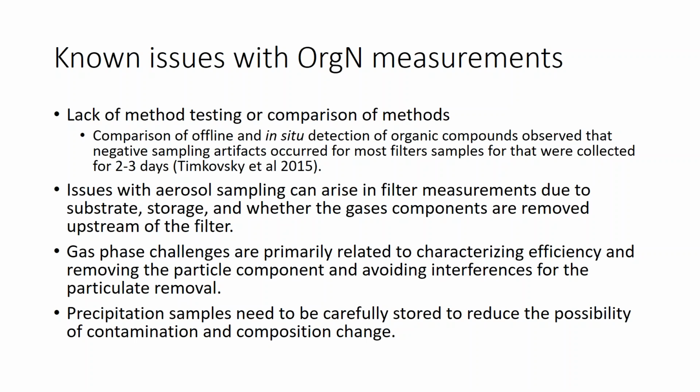And in this one study I've shown here, they saw that in the comparison between offline, like filter collection, and real-time sampling, there was a negative sampling artifact. So they were losing material off the filter as that sample was collected over a 2 to 3 day period.